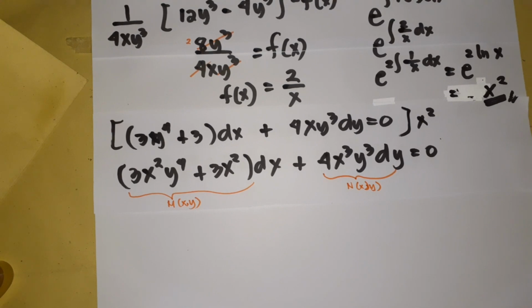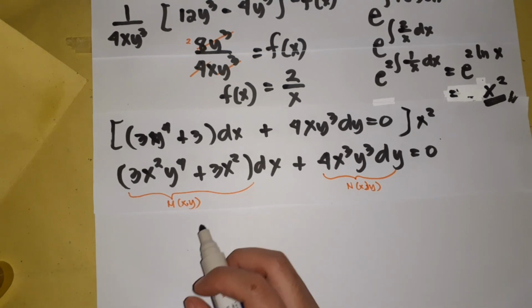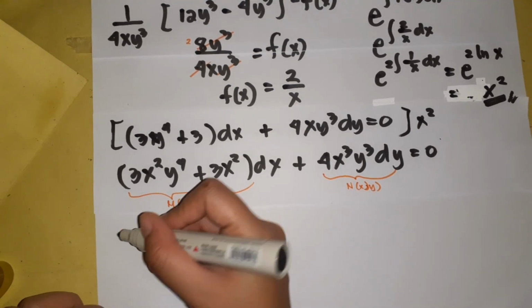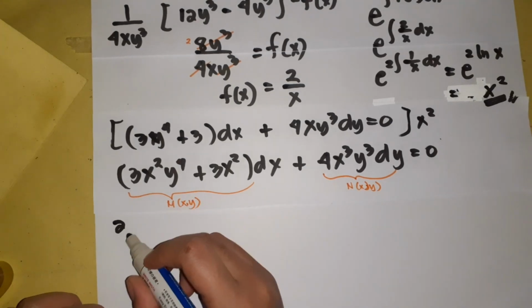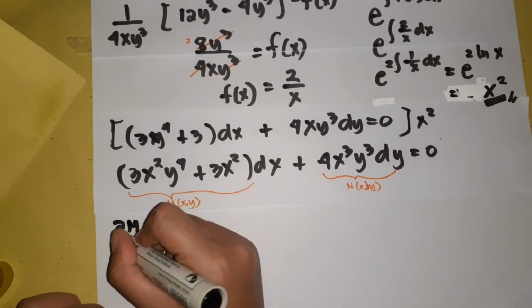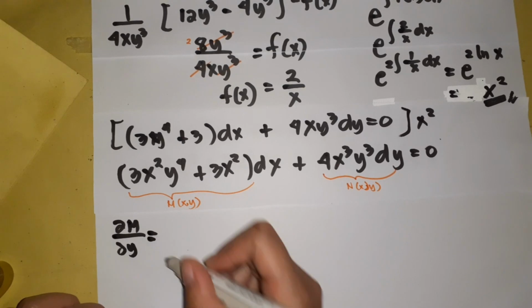In testing the exactness of this equation, we will get the partial derivative of our function M in terms of y.